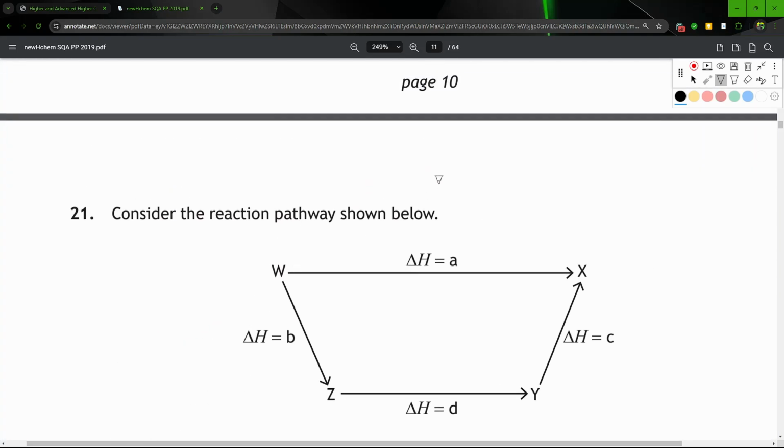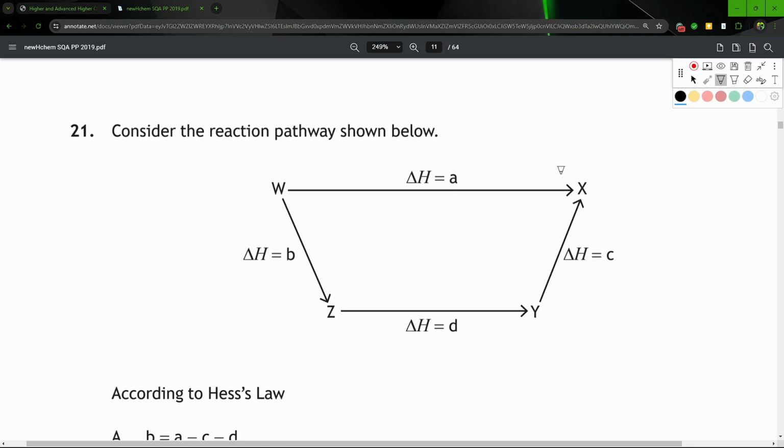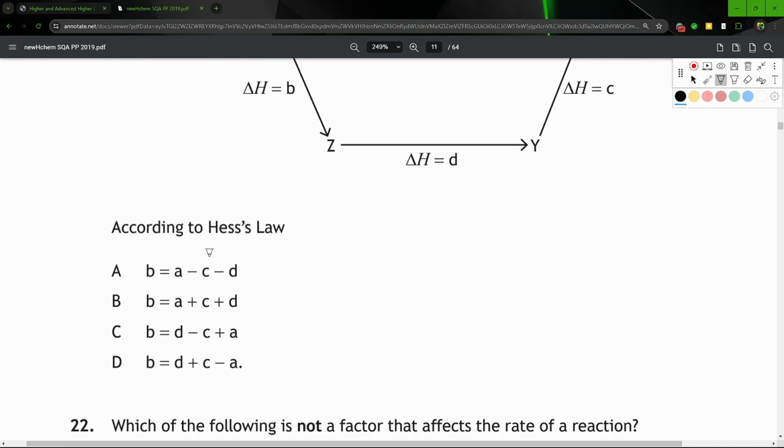So if we want to go from W to X, that would just be A. And then if we go backwards along a vector or an enthalpy change, that would be C but minus, so it'll be A minus C. And then we have to go backwards across D again, which will be A minus C minus D, so B equals A minus C minus D. So it'll be A.